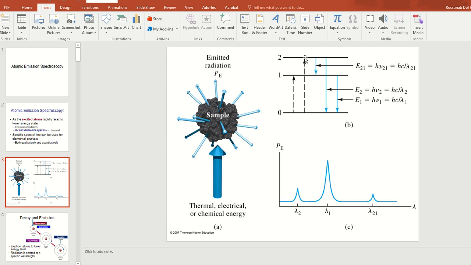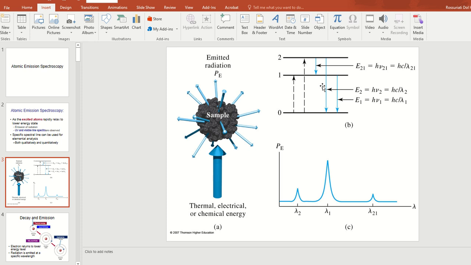Because the excited state is not stable, at some time the atom will go back to the ground state. In order to do so, it must release energy.